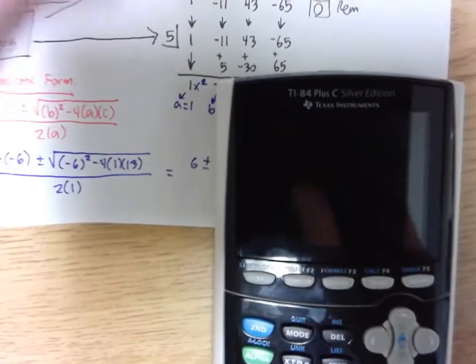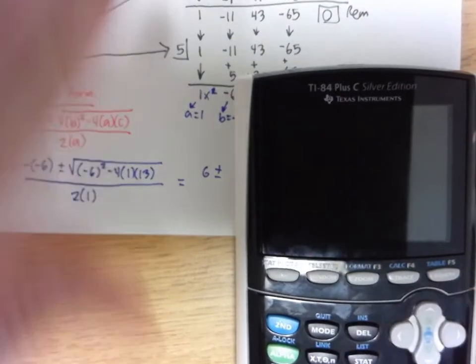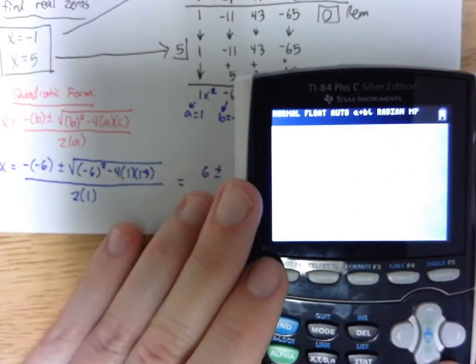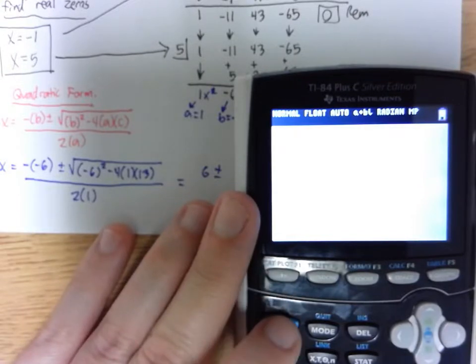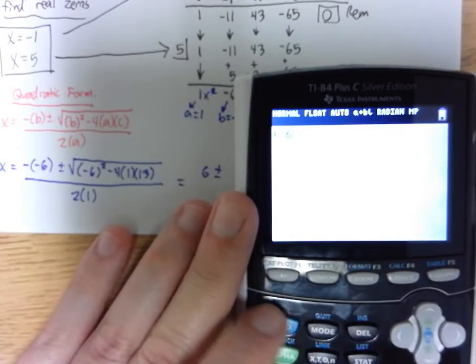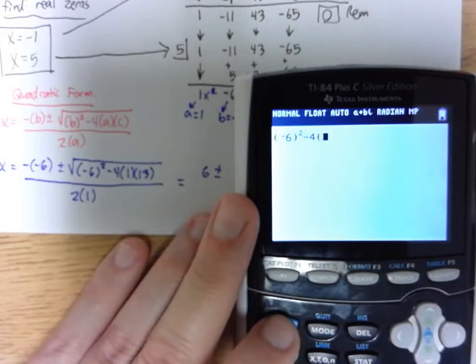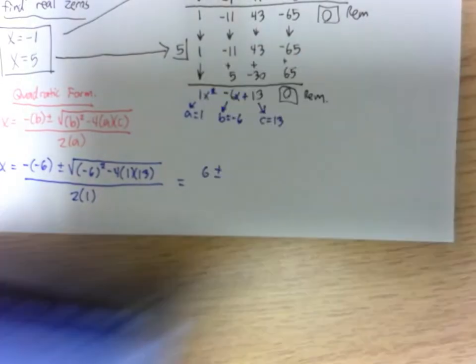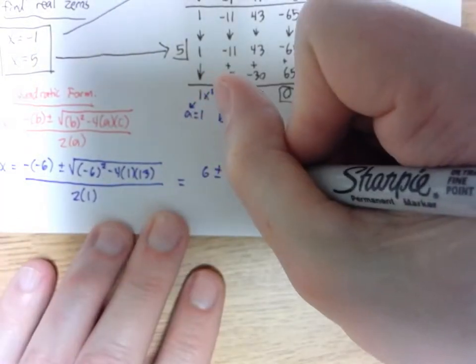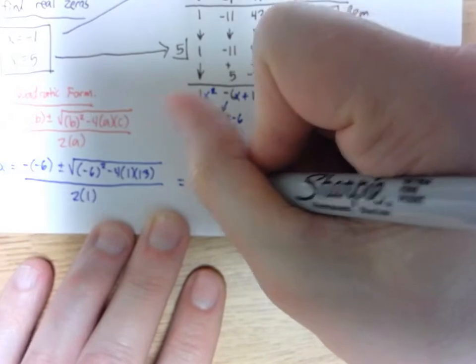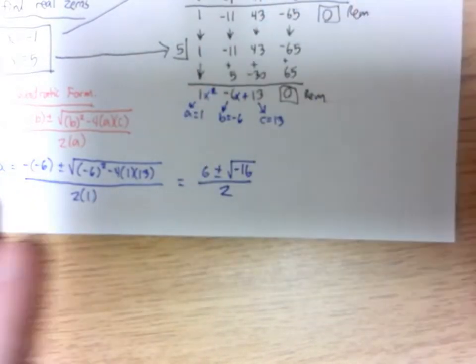I'll have to zoom out a little bit. Negative 16. Perfect. We're looking for a perfect square. So the square root of negative 16 over 2. Well, again, it's a negative 16, so it's going to give you an i.